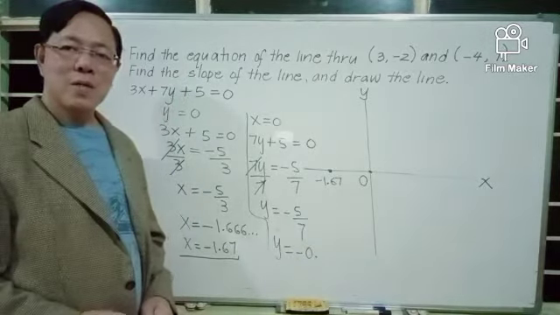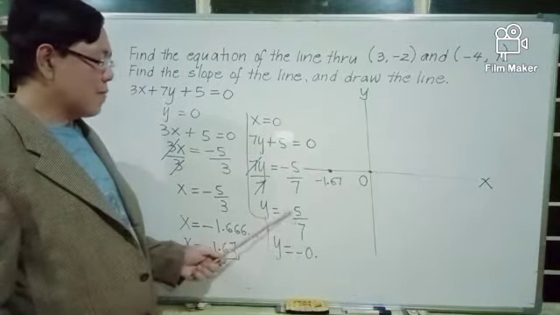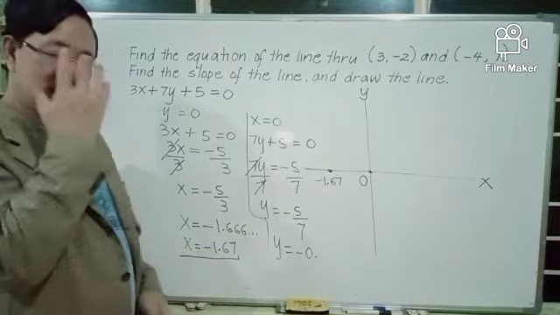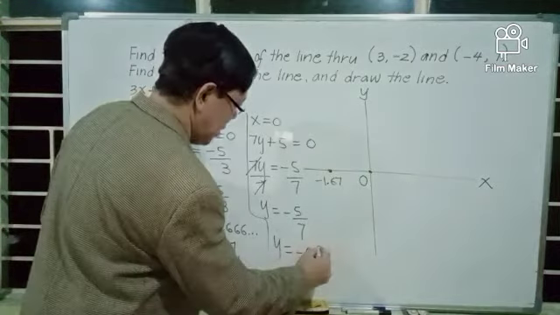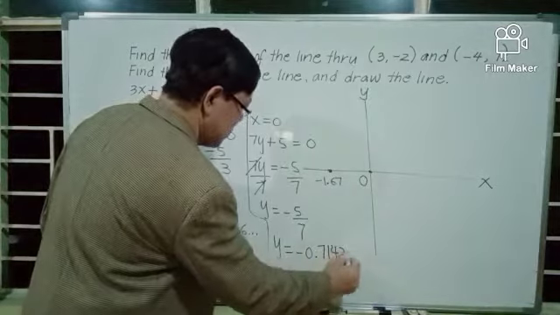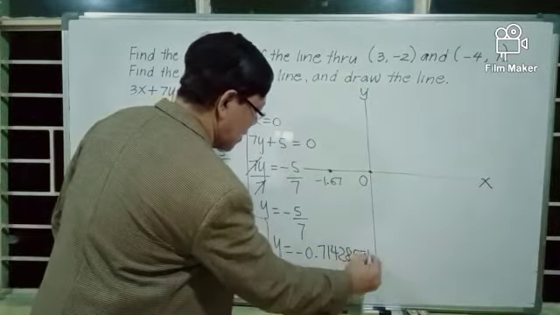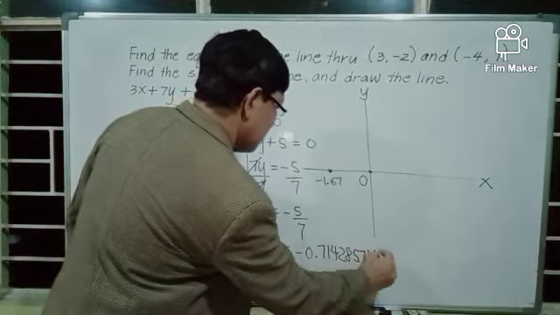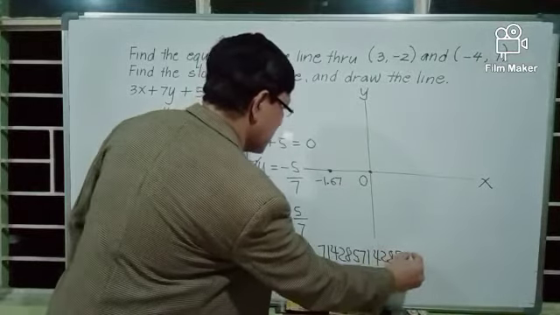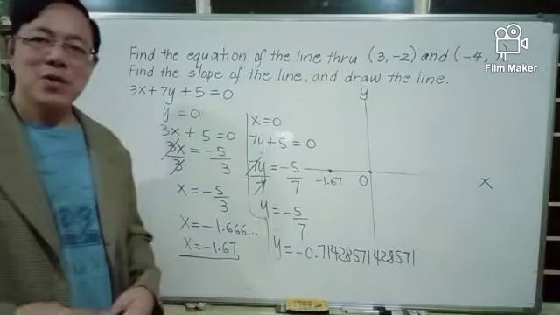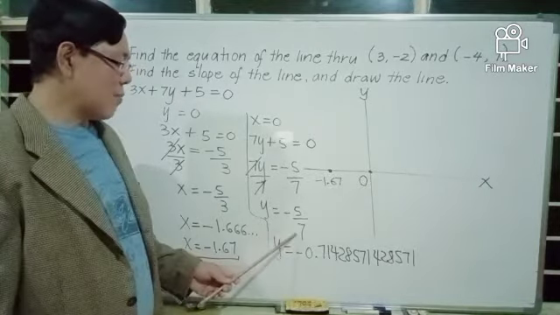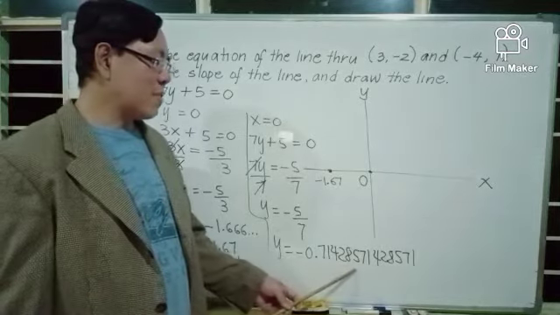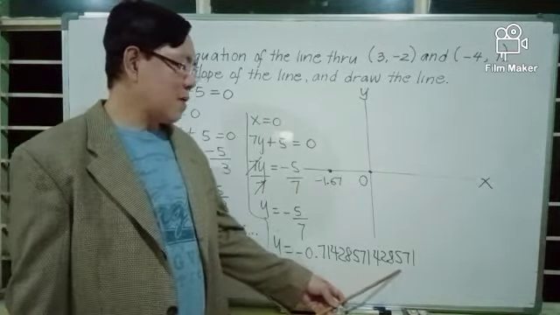And using your calculator, you divide 5 by 7 and its sign is negative. 5 by 7 is equal to 0.71428571 428571. Use your calculator, you divide 5 by 7 and you should get negative 0.71428571 428571.